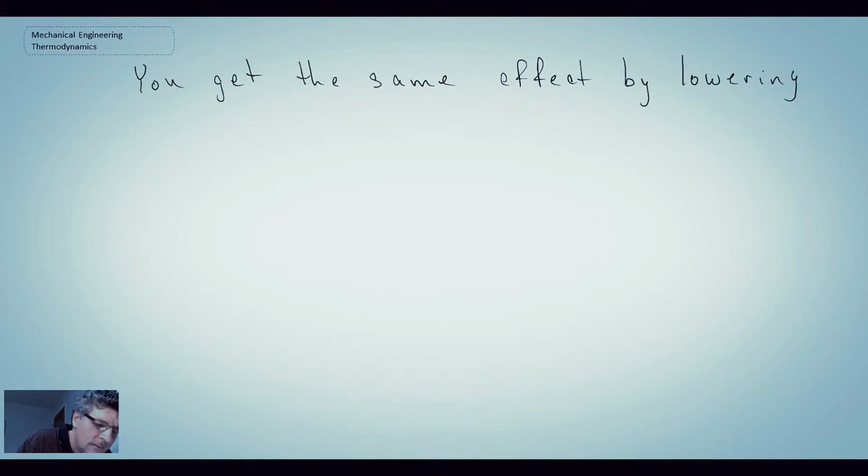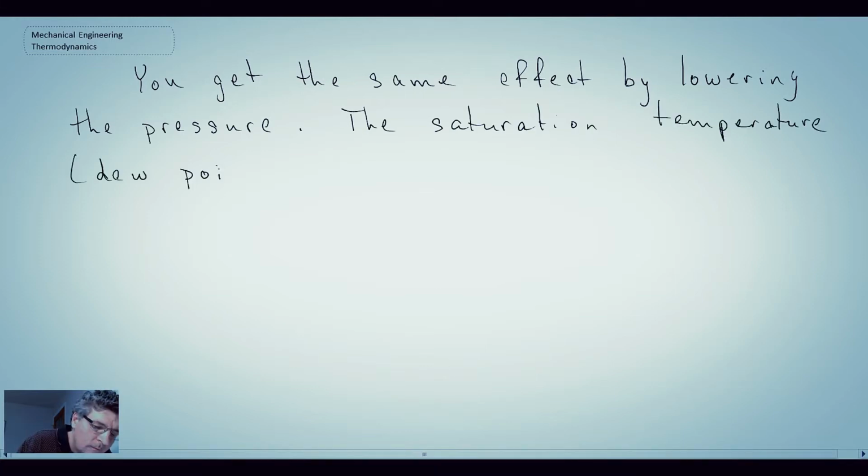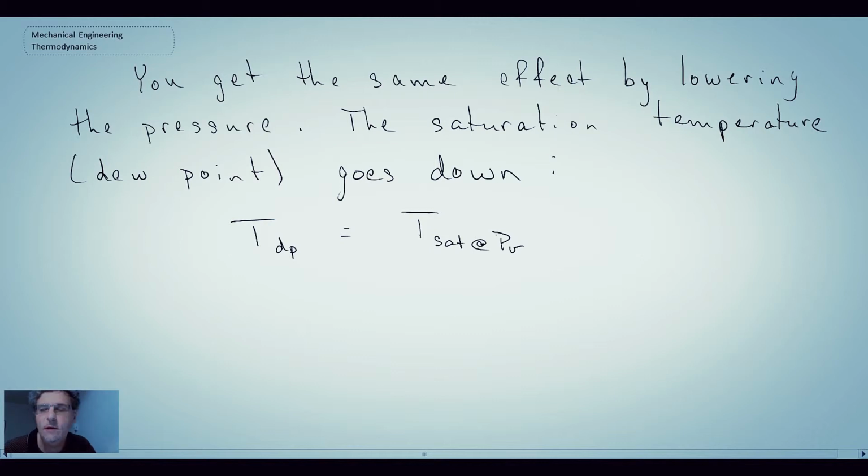You can also get similar effects if you are able to lower the pressure of the atmosphere relatively quickly. So let's take a look at that. If you can lower the pressure of the atmospheric conditions, you will sometimes get the situation where the dew point changes such that you actually do start to get condensation occurring under your normal conditions.